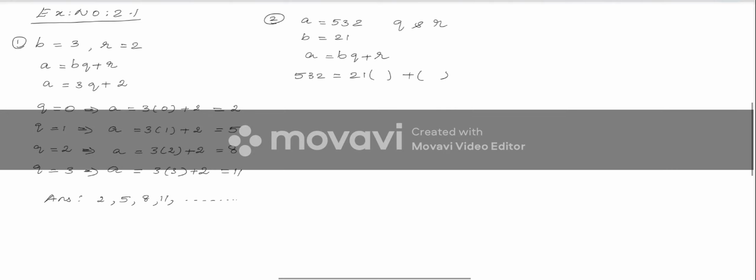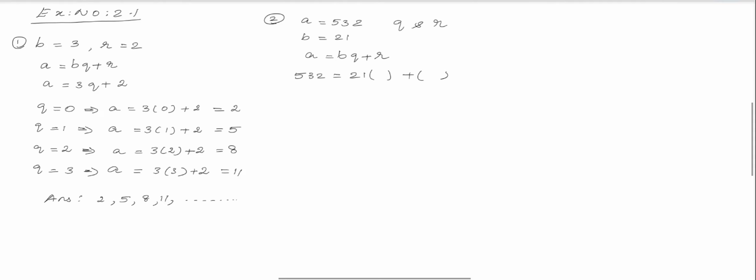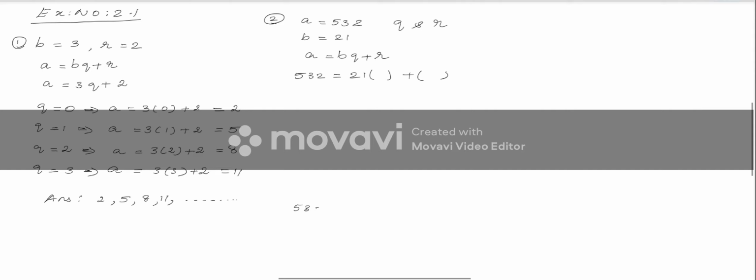Just here you should know this 21 timetables, ma. Okay. Either you write it using the 21 table as previously I taught you, or in another way we can divide this and find out. I'll teach you that method also. 532 divided by 21. How many times, ma? 53, 2 times, isn't it?